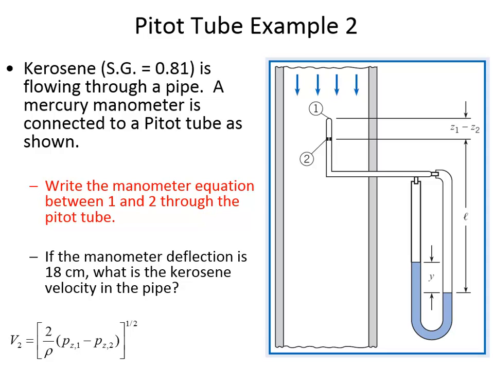And the reason why we group it together is because what the manometer is measuring is the difference in piezometric pressure. So it's fortuitous that we're going to end up with a pitot tube measuring the velocity. The pitot tube equation says V2 is 2 divided by the density, and then it's the difference in piezometric pressures.